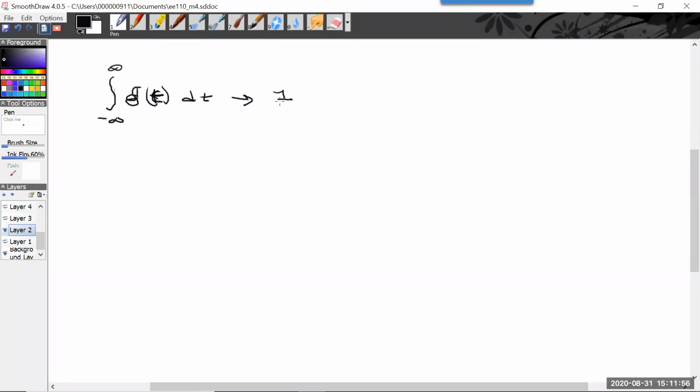Now, how this is different when we're convolving is, I'm going to take a step back and let's not find the convolution, but integrate a delta function over time. Because we have time, we have to use t.